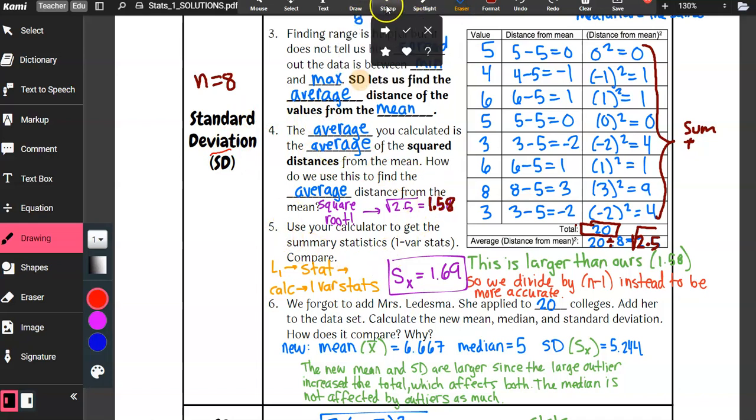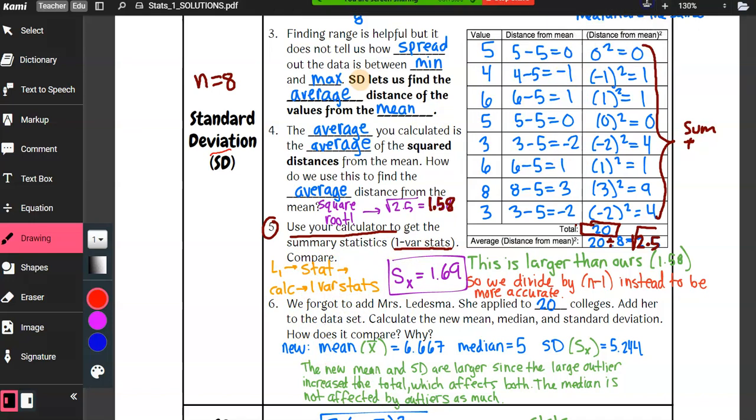Question number 5 says to use your calculator to get the summary statistics, or the one variable statistics. Here are the calculator commands. Give me a second here.